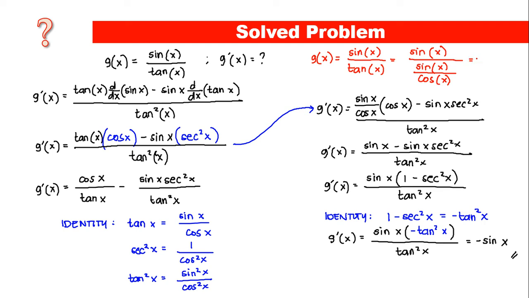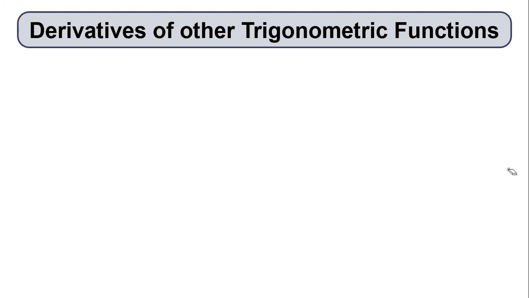So, in this case, mag-cancel yung dalawang sine of x, matitira yung cosine of x. So, parang pinahanap pala sa atin ay yung derivative ng cosine of x, which is negative sine of x. Okay? So, with that, yun yung ating derivative of a tangent function.